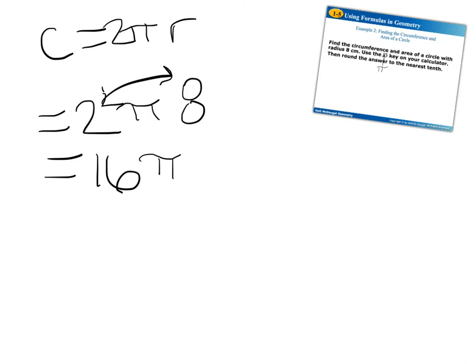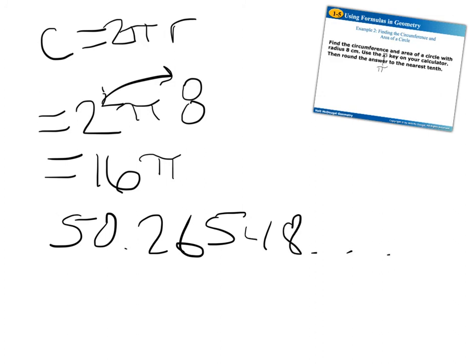When I get this, I'm going to write my answer to the nearest tenth. The answer that comes out in your calculator is 50.26548 and so on. They want you to round to the nearest tenth, so we don't have to put all that in our answer.